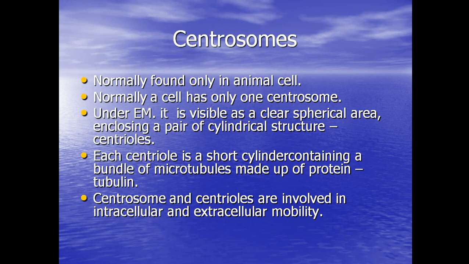The centrioles are nothing but very short cylinders which contain a bundle of microtubules. I will discuss these in detail when I take up the cytoskeletal elements, but here I should mention that these microtubules are made up of the protein known as tubulin.